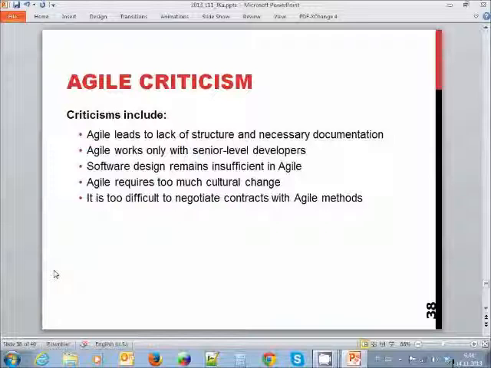Agile leads to lack of structure and lack of necessary documentation, requires experienced people, and is too culturally different from normal software development. Agile projects require that people like each other. That's one of the largest problems with agile methods.